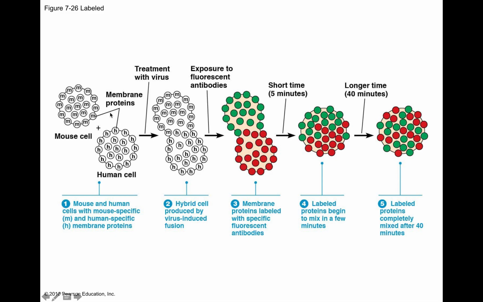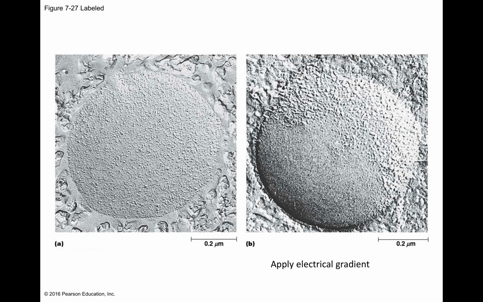You can label them different colors and then fuse their membranes. At first you see the mouse proteins on one side and the human proteins on the other side, and then eventually they're all mixed together. And again, this is evidence that proteins move laterally through the membrane.